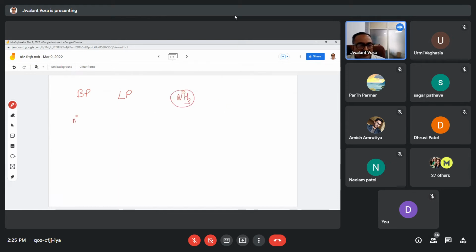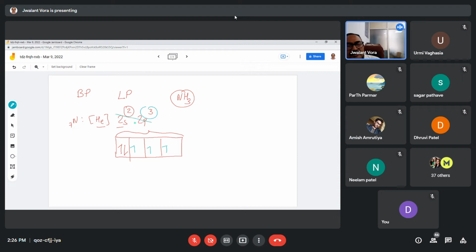So nitrogen, atomic number 7, helium 4, 1s2, 2s2, 2p3, 2 plus 2 is 4, plus 3, 7. So in this case, what will happen? These are now sp3 hybrid orbitals, in which one will be completely occupied and in the remaining 3, one electron each will be present.